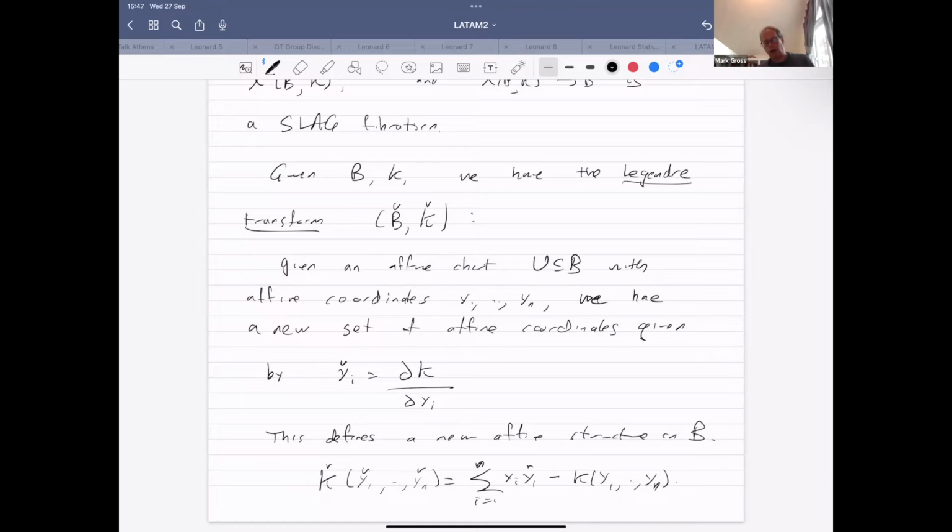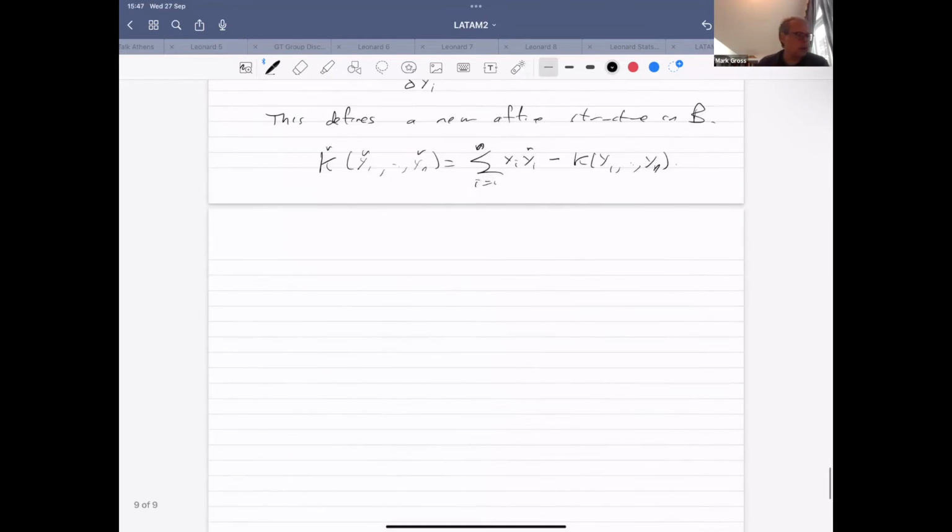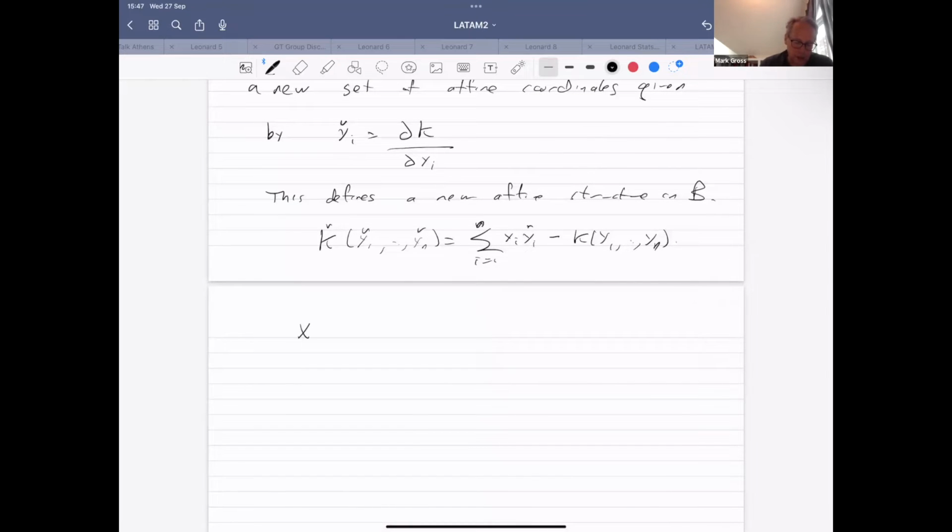Okay, so now we've gotten a new affine manifold, a new potential, and one can show that X check of B is isomorphic to X of B check. And then we can define X check of B, K as being equal to X of B check, K check.